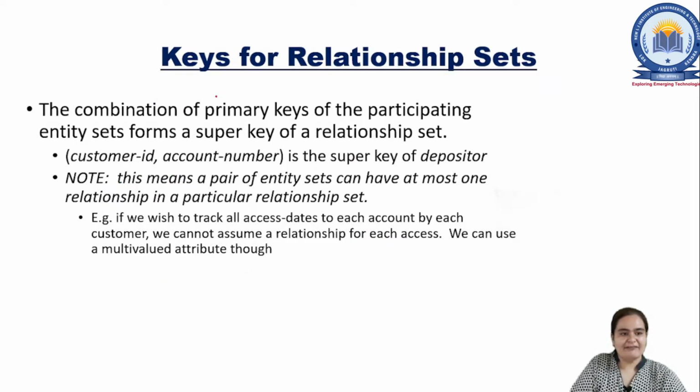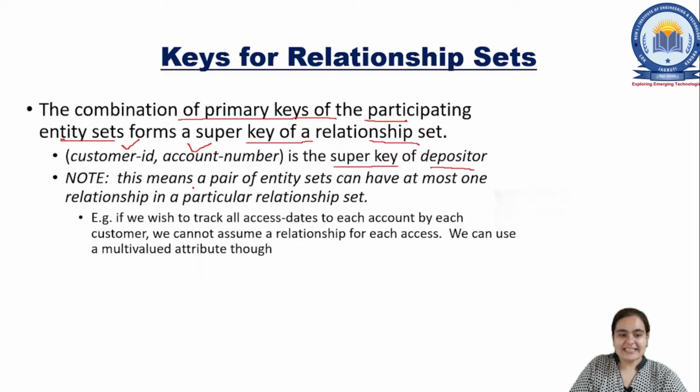Now, we have the key for a relationship set. We can have a combination of primary keys of the participating entity sets forming a super key of the relationship set. If we have a relationship between customer and account as depositor, then the primary key of customer and the primary key of account, that is customer ID and account number, will serve as a super key for the relationship depositor.